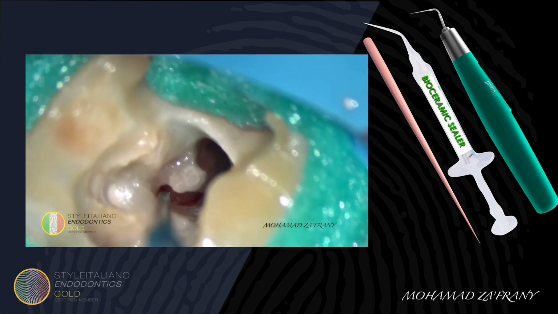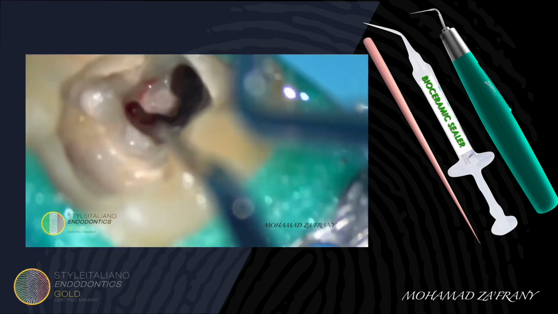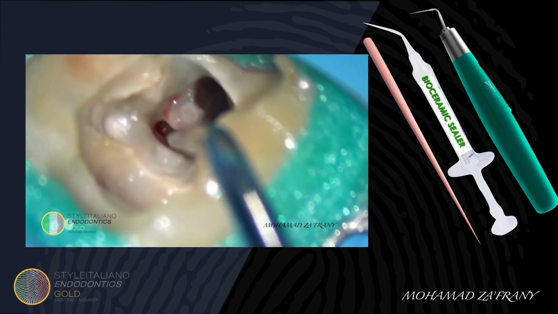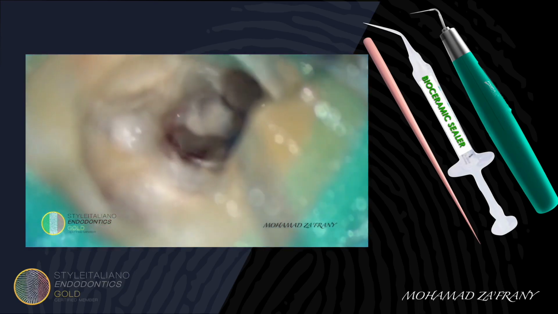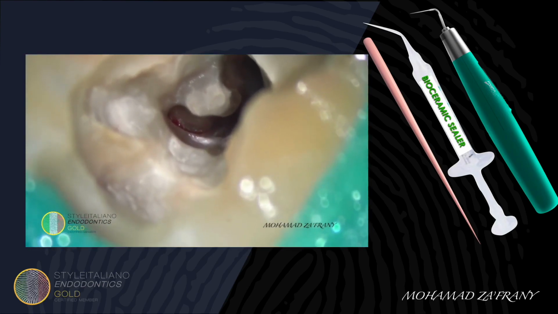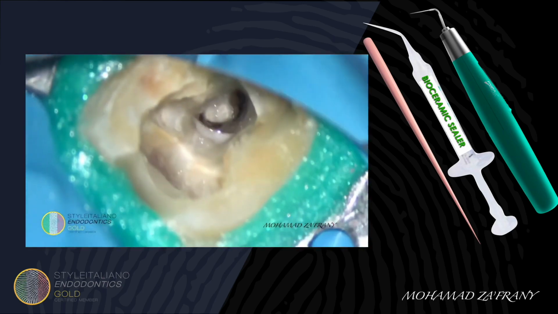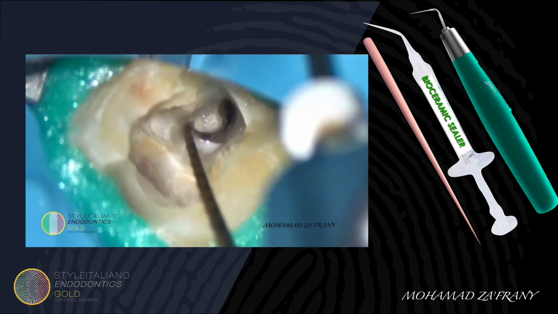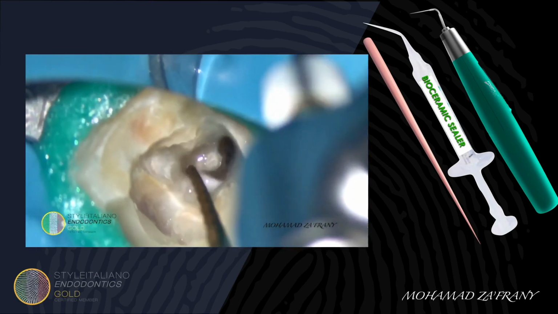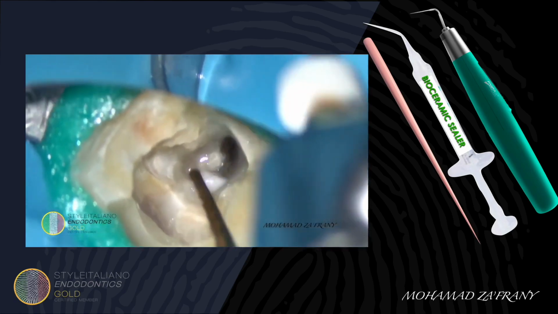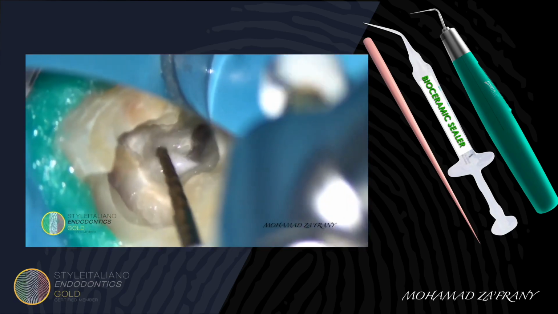Exploring the missed anatomy using a DG16 probe, and you can see that the missed canal was still vital. Bleeding in the isthmus. Glide path preparation of the missed canal using a size 17/4 file. Stroking motion with passive insertion of the file into the canal.